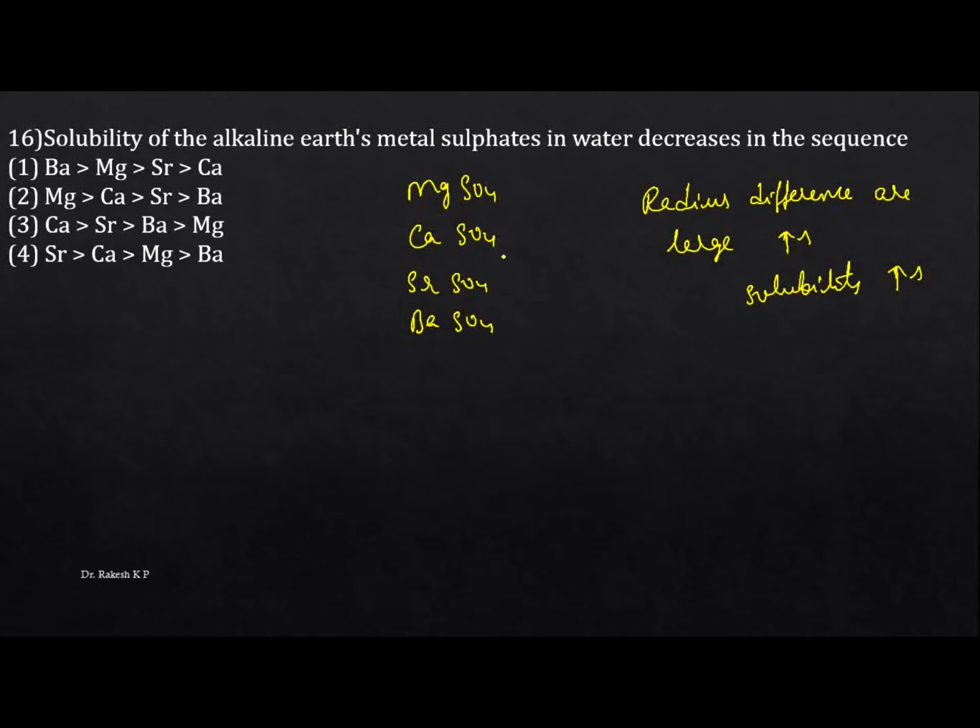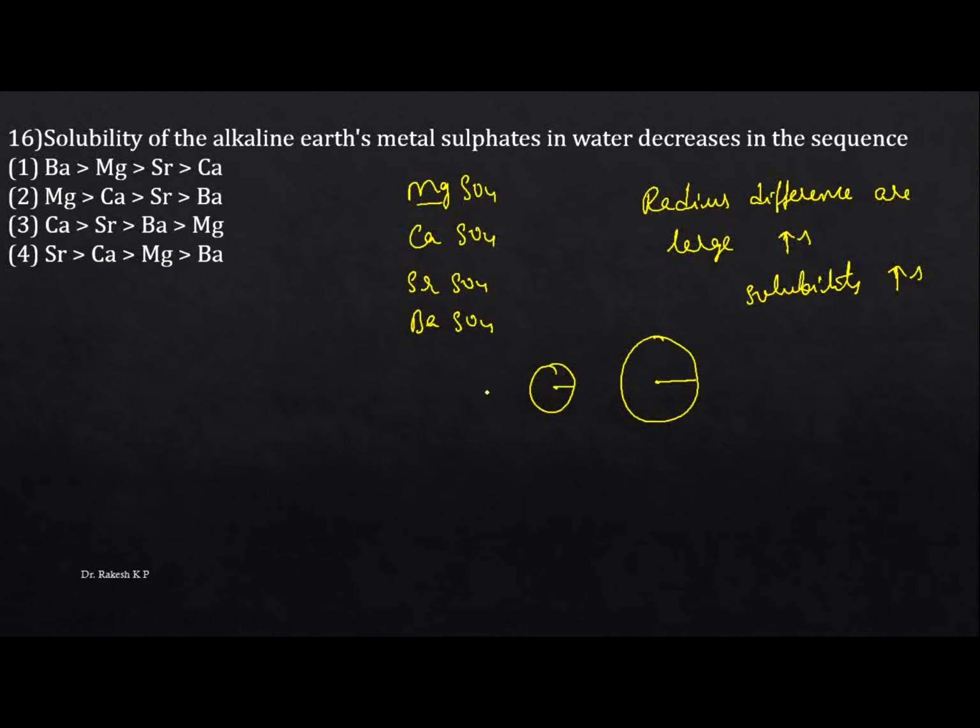The sulfate has a large size. Magnesium has a smaller size while sulfate is larger, so the radius difference is large, and solubility is also high.